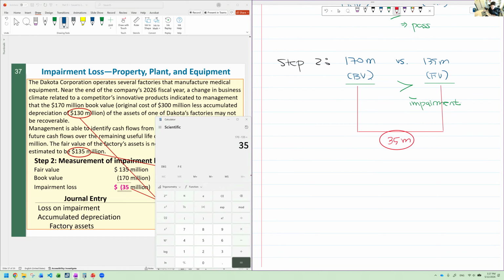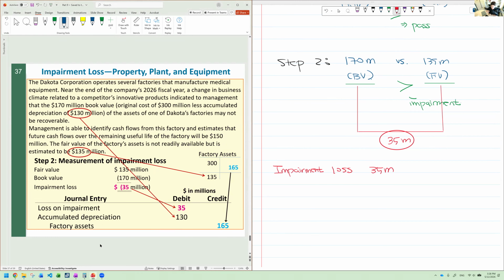Okay, so we're going to record impairment loss on the debit side by $35 million. And then we are going to remove all of the accumulated depreciation that we have been recording.